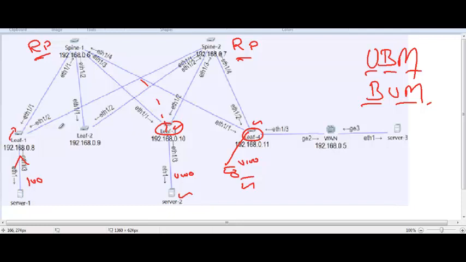What is anycast RP? For both the RPs, we'll give the same IP address, so that when a leaf sends an update to the RP's address, it will be received by both the RPs, and both the RPs will maintain a copy of S, G, source, group member.